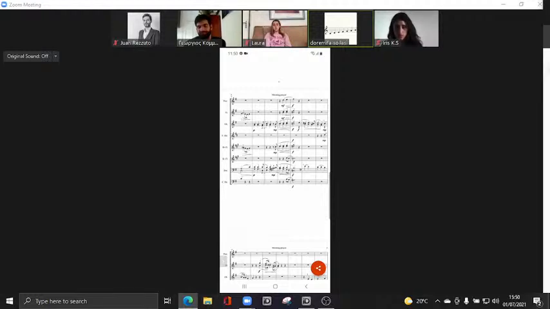So you will not just write a lot of notes if the music doesn't need it. So you have to look for a balance between making interesting parts for the players and writing only the things that the music asks. Okay. Yes, in this particular piece, there was no need to use the piccolo more times, but yes, it is a boring part to play.